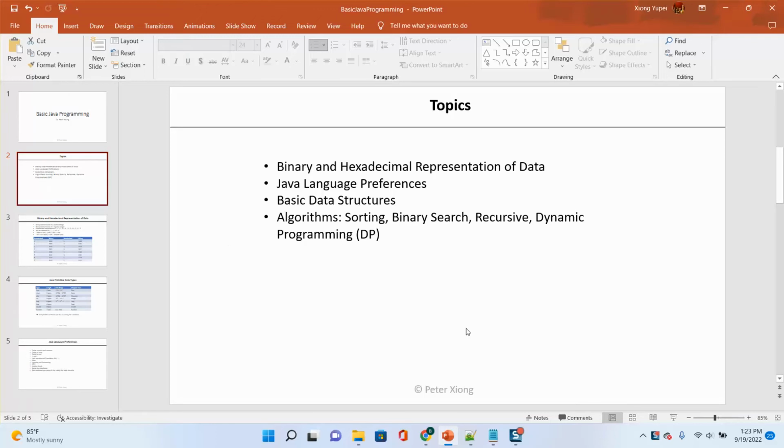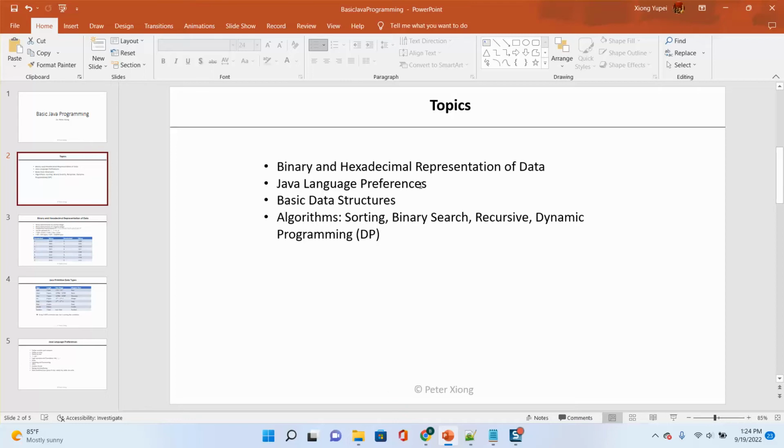So let's talk about some topics I will cover in this session. The first one is binary and hexadecimal representation of data. As a CS major, this is mandatory, but for lots of people who are not from a CS major, you just want to start your coding career, this is not that important.